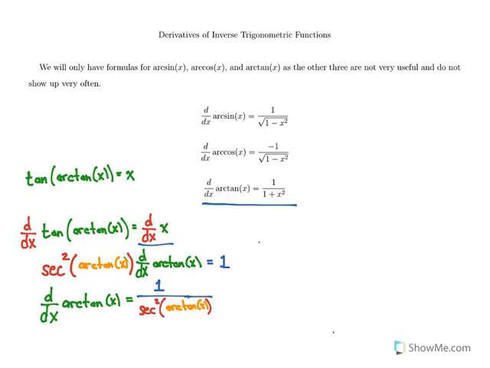And that's true, it's just not the nicest way that we could write this derivative. But unlike with the log functions, secant squared and arctan don't just cancel out right away. So we can't just immediately simplify this, but we can use the Pythagorean theorem to rewrite this.